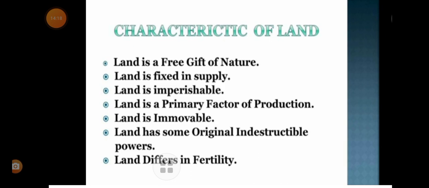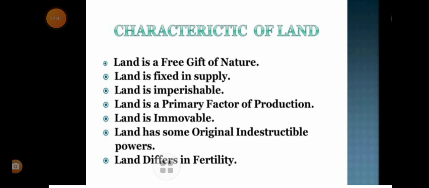Land is immovable, so we cannot move the land from one place to another. Land has some original indestructible powers which cannot be destroyed by any forces. Any external force cannot destroy the whole land system.